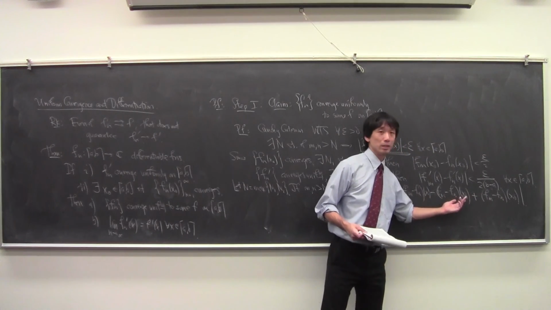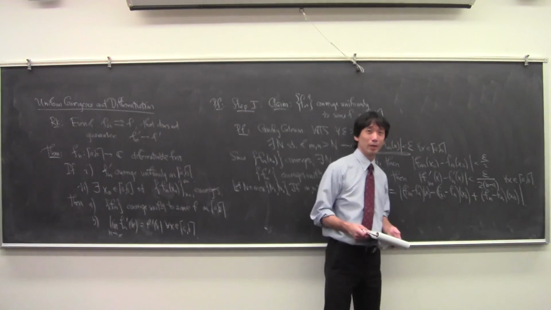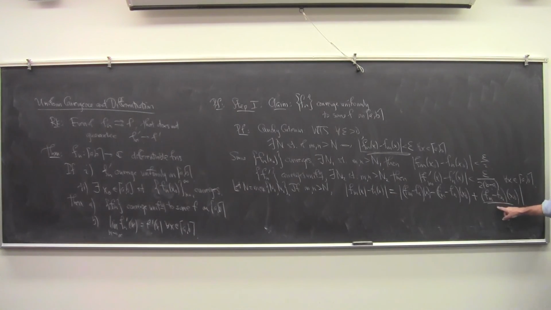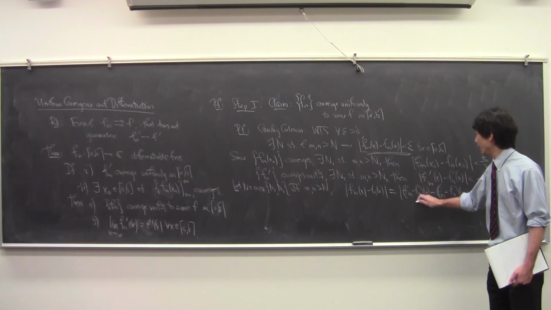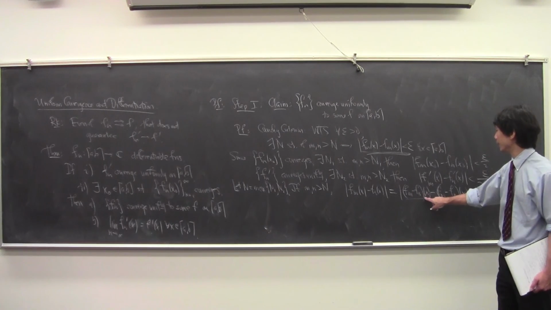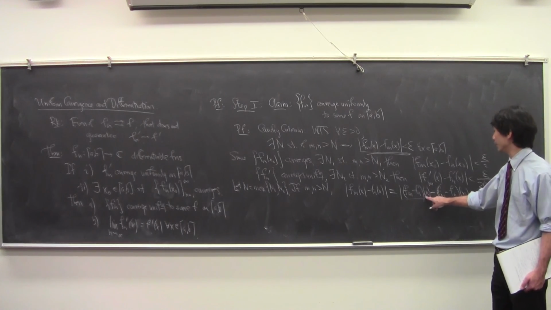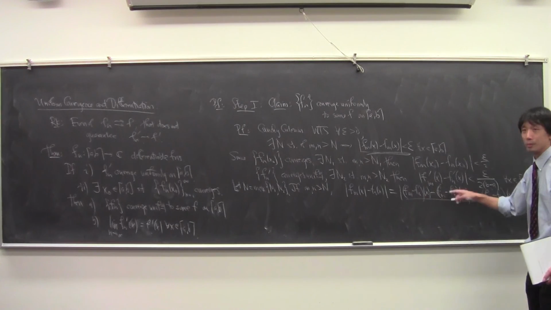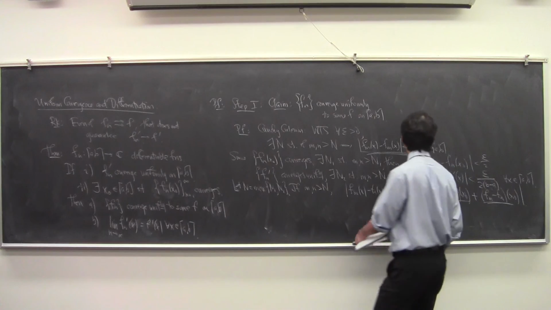We're throwing this in because this is where we have some control. We can make this thing as small as we want because the fn converge at this point. This is the point where we have convergence, right? And we introduced the other term because we have control over the derivative, and so we're going to use the mean value theorem here.